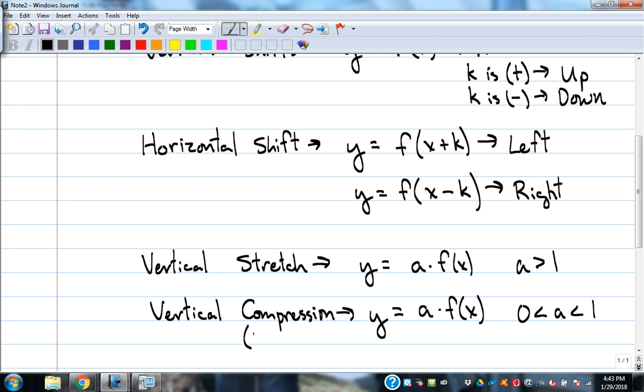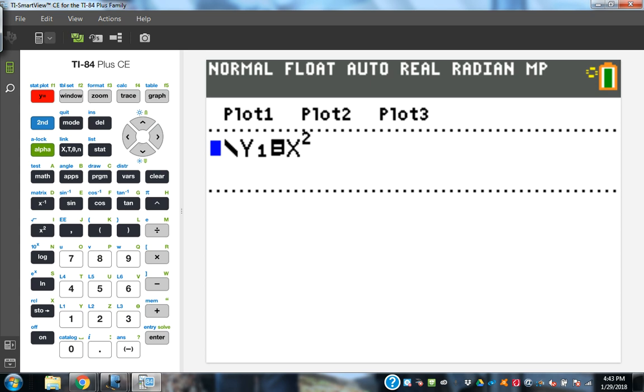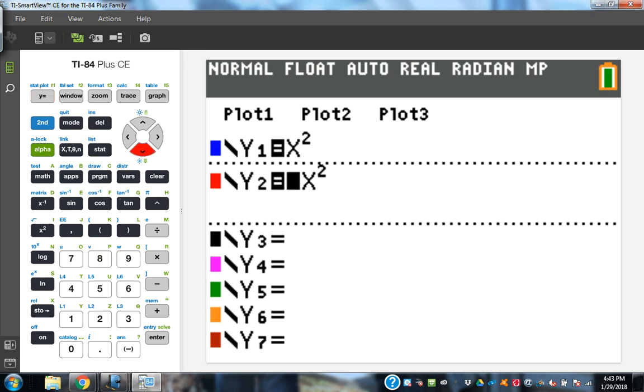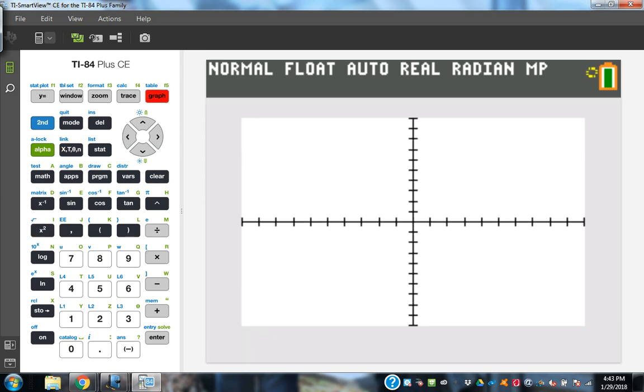You also might hear it called a vertical shrink. Compression is the more contemporary and more official term. So instead of putting 3 in the front, I put 1/2 x squared. Here's the original in blue. Here comes the 1/2. It spreads it out.